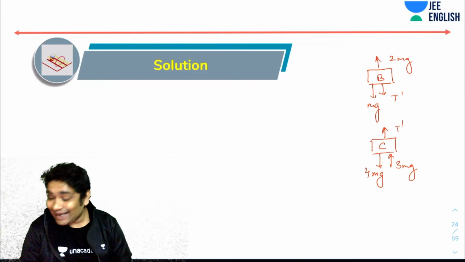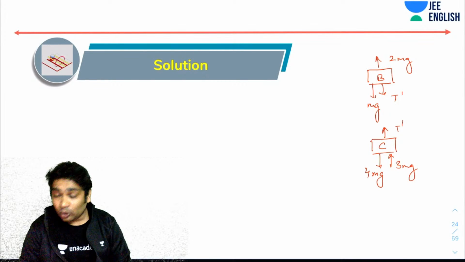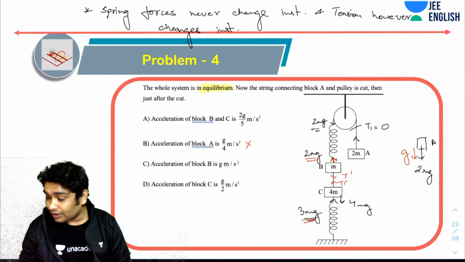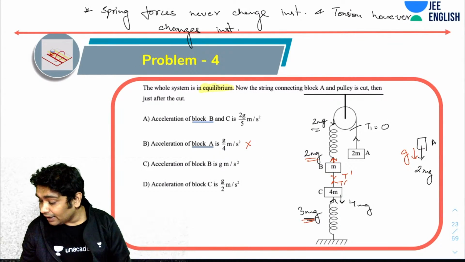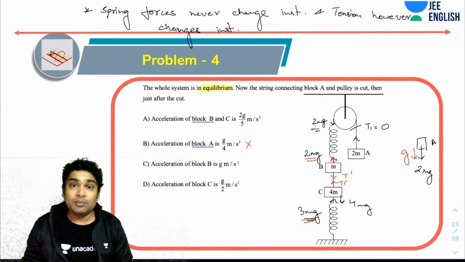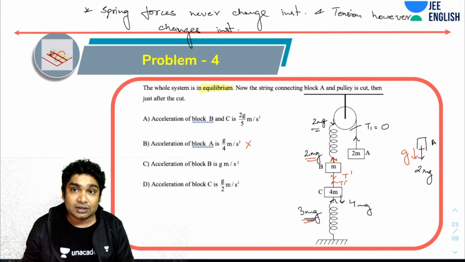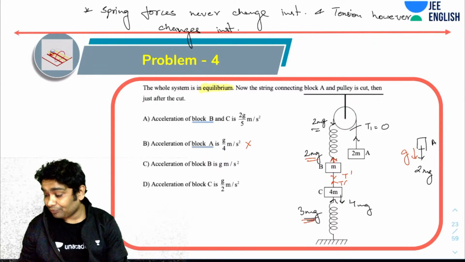Now, since B and C are still tied to this string, they can only move with one common acceleration. So what will that common acceleration be?